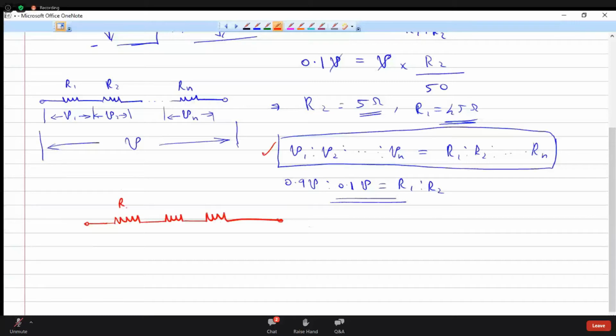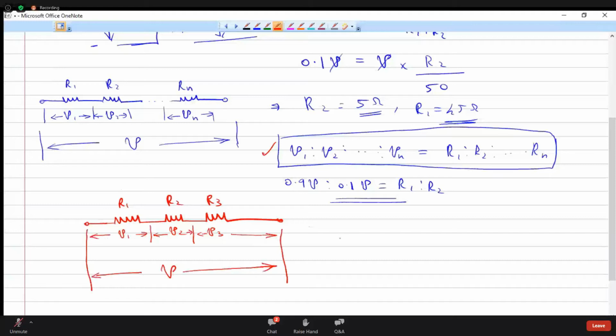So if I have R1, R2 and R3 in series, then let V1, V2 and V3 be the voltages that are going to come across these resistors, and let V be the total voltage that is applied.